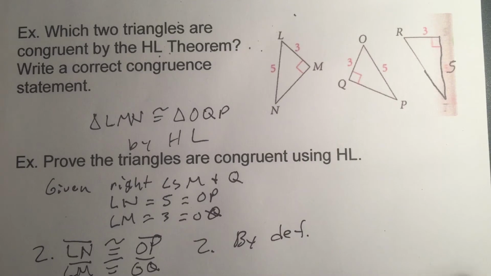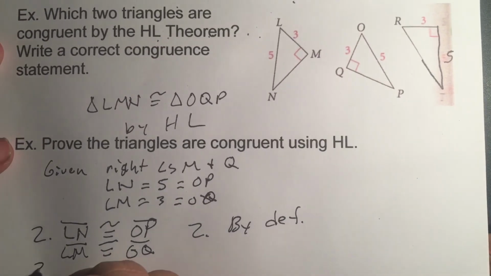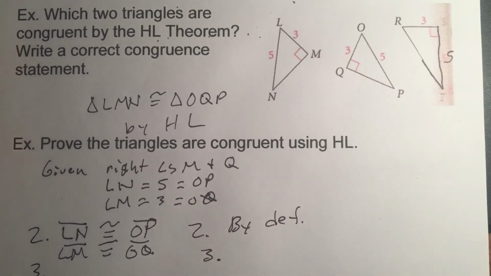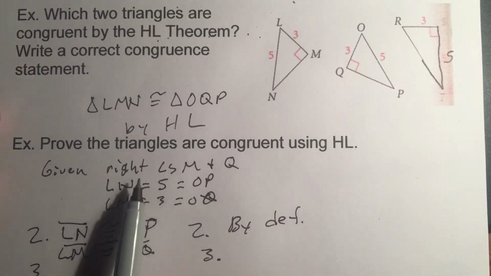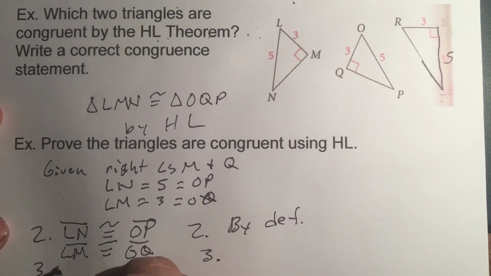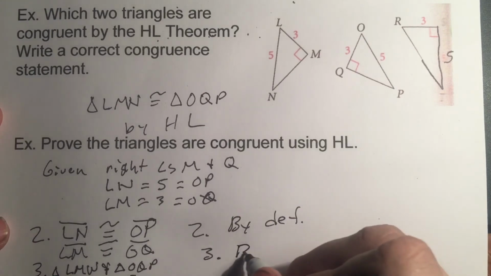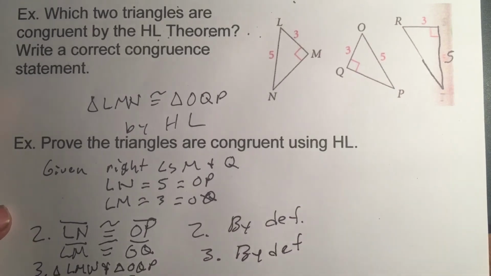So if they are congruent, they're going to have this equal measure. 3, with HL, you have to say that they're right triangles. So we're given that we have right angles in there, but we would say triangle LMN and triangle OQP are right triangles. And again, that's going to be by definition. That has to be part of it.